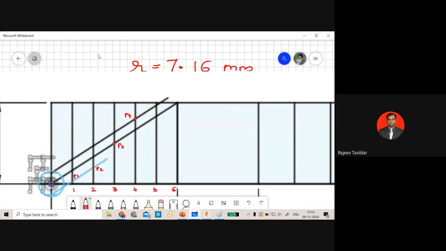And wherever the top line intersects the fifth line, it gives us P5. Of course, P6 will be the end of the stroke over here. End point of the stroke is P6.